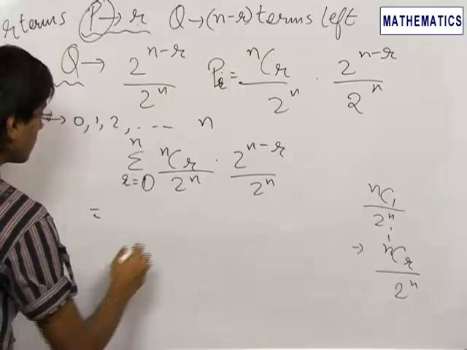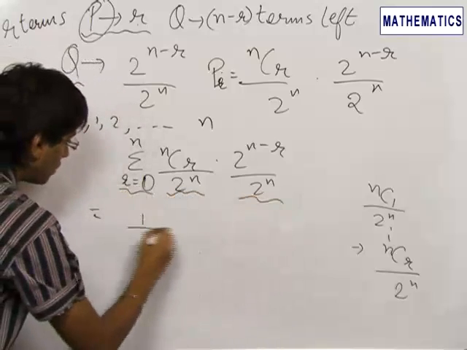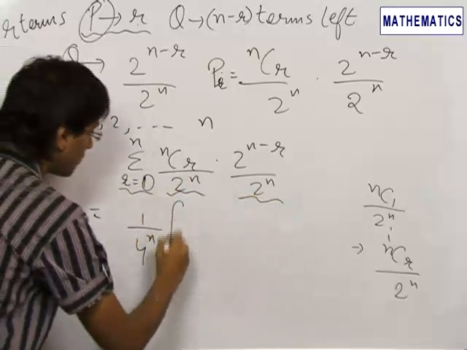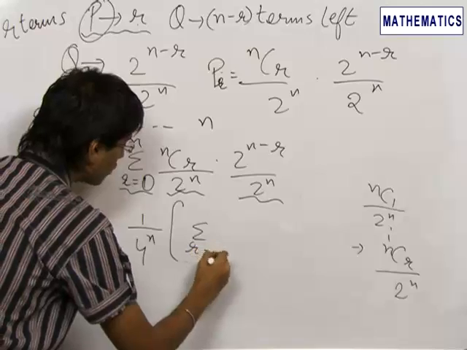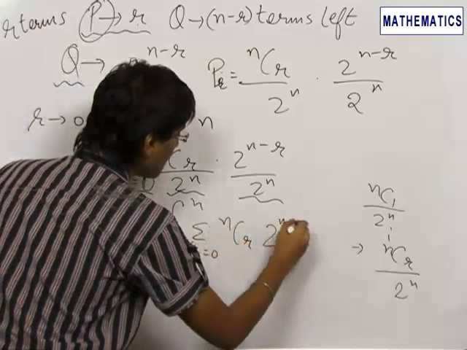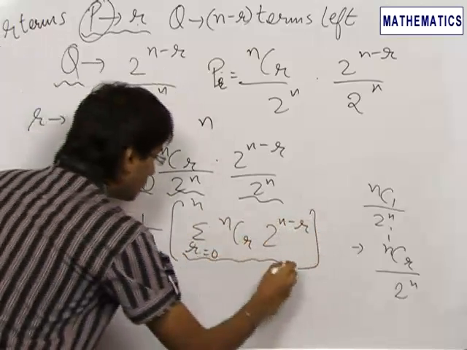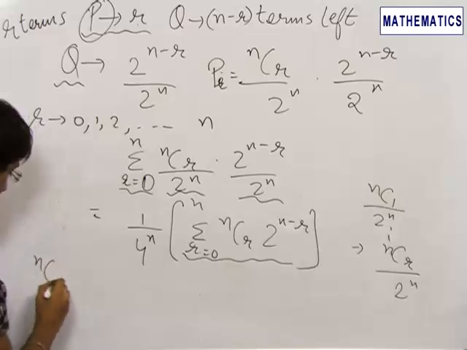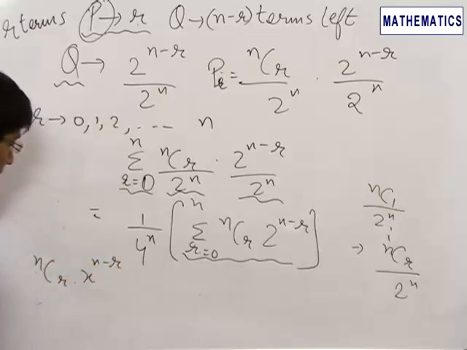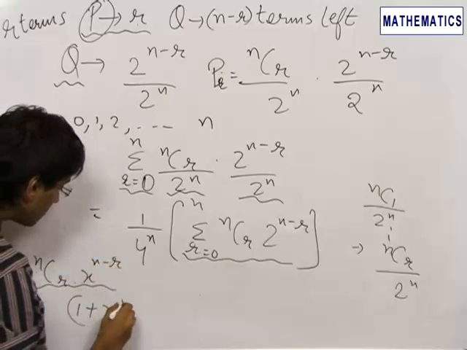Since 1 upon 4 power n is independent of r over which the summation is being done, let us take this out common. This becomes 1 upon 4 power n into summation from r equal to 0 to n nCr 2 power n minus r. We know that nCr x power n minus r is the general term for the expansion of 1 plus x power n.